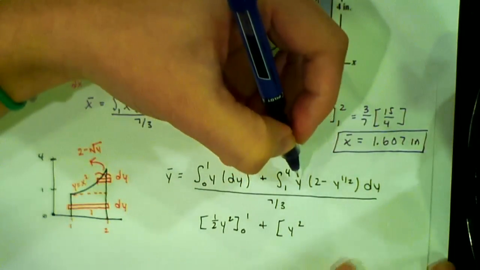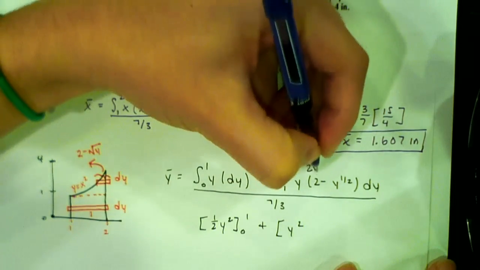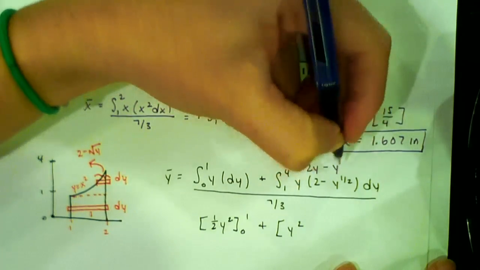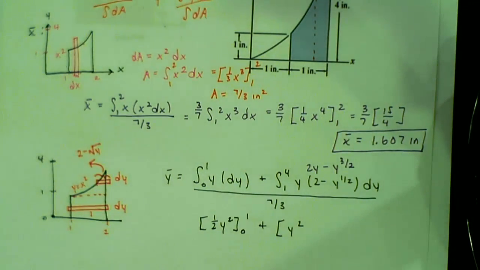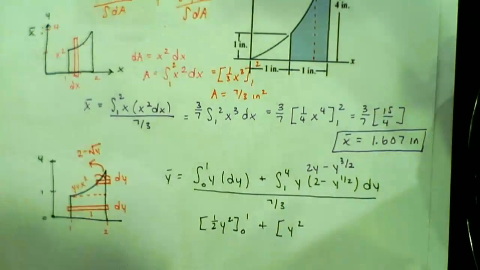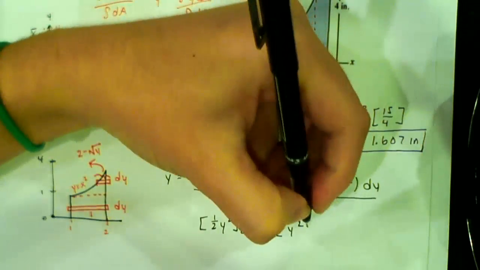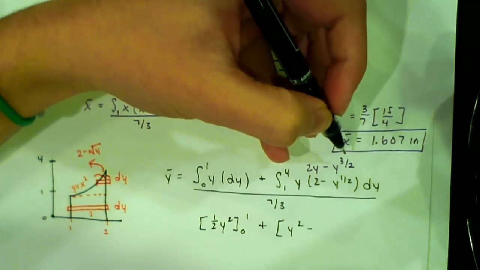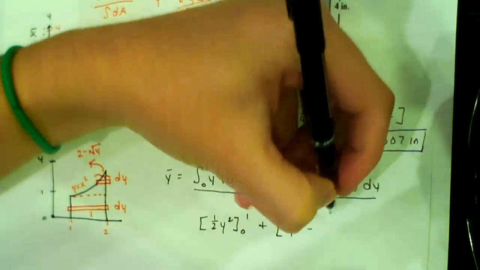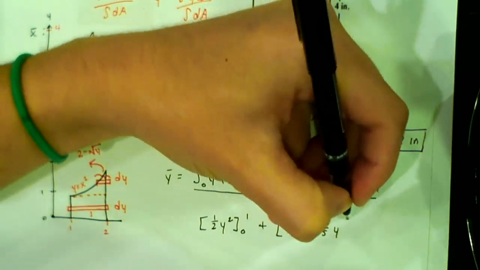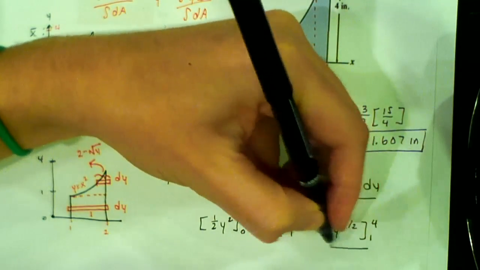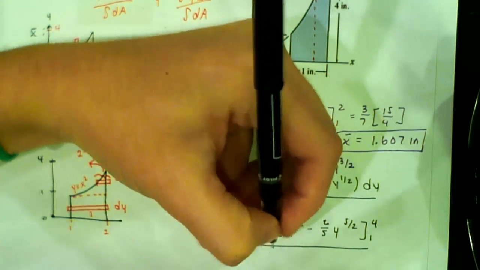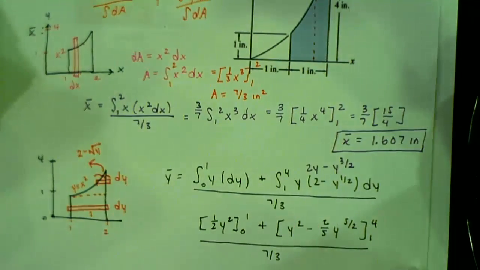So if I distribute this y right here, I have 2y, and then I have minus y to the 3 over 2, right? So whenever you multiply them, you add the exponents. So if I integrate that one, I have 2 over 5 times y to the 5 over 2 from 1 to 4. And again, this whole thing is over 7/3.